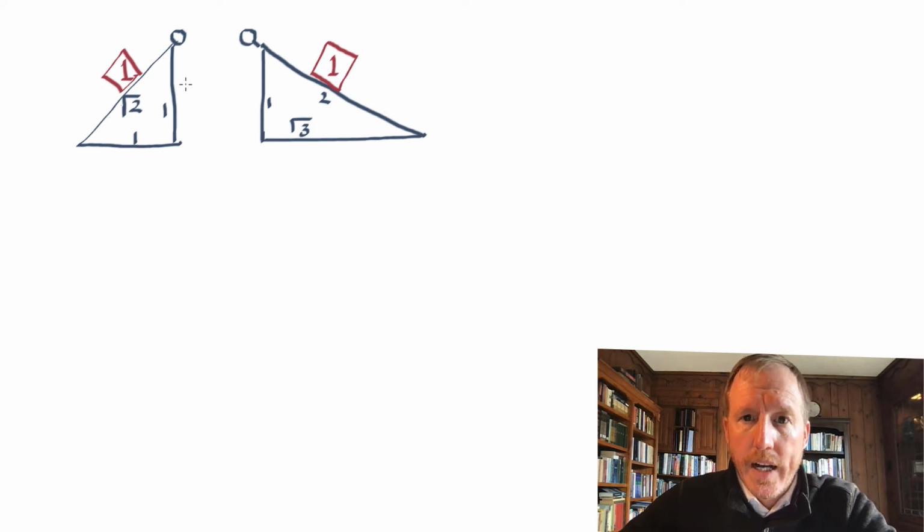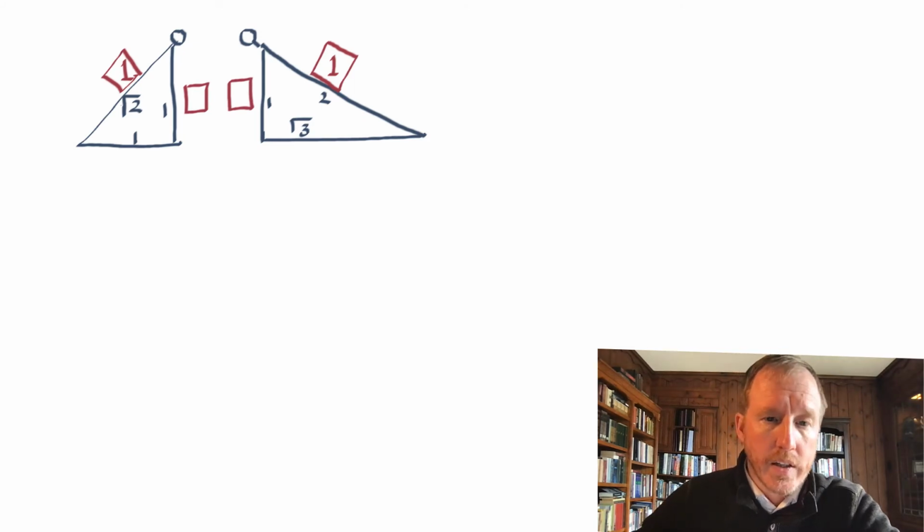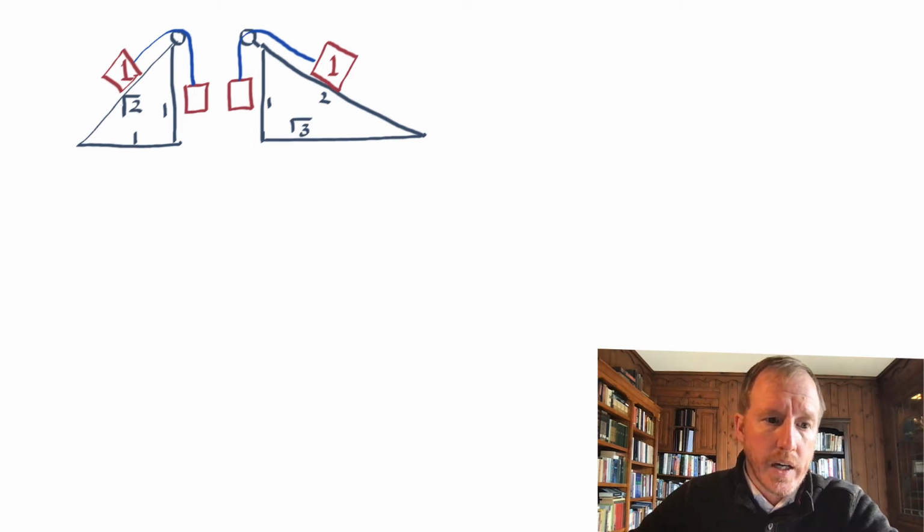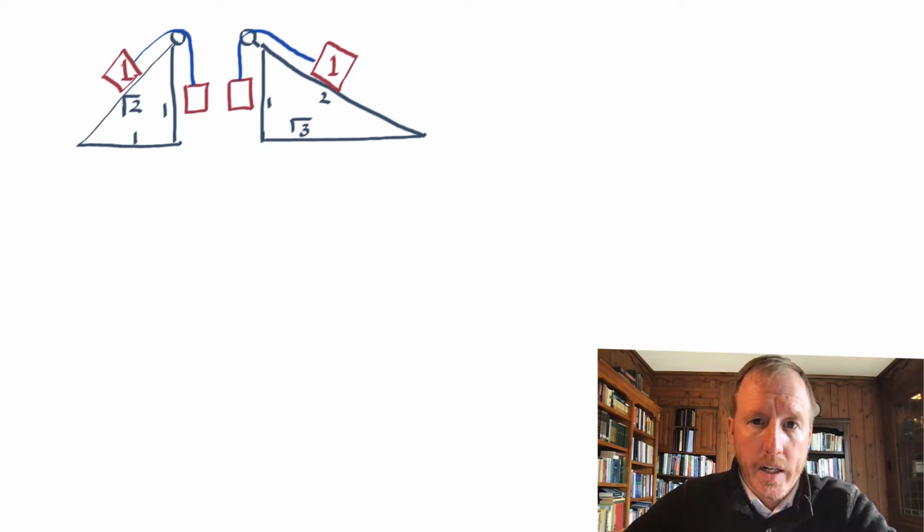And now we're going to ask what weight must be suspended from each of these two pulleys, so as to support these two weights. So if we have a string passing over here and a string passing over here, what is the weight that's required to support the block on the left ramp, and what is the weight that's required to support the block on the right ramp?